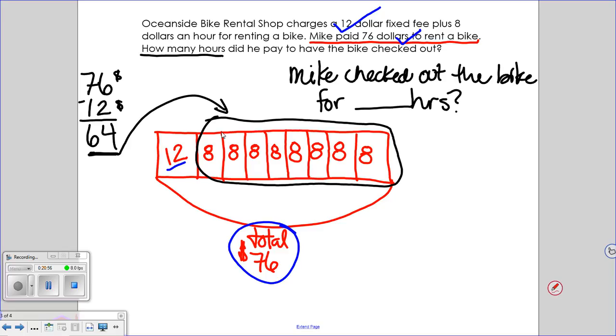Yes, ma'am? So how many 8s do we get there? You tell me how many 8s gave us $64. We just did the math for it. It's on the board. How many 8s did it take us to get to $64? The answer is not written on my face. The answer is written on the board. Not that board. This board.